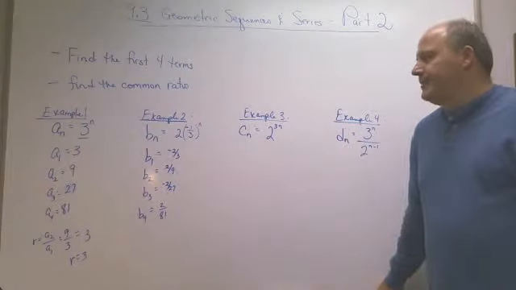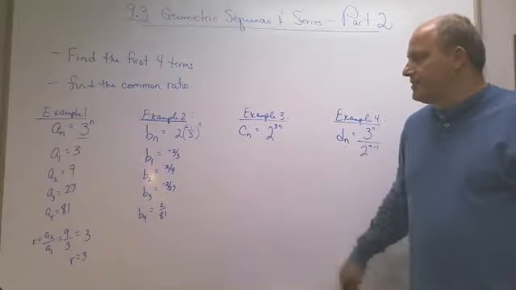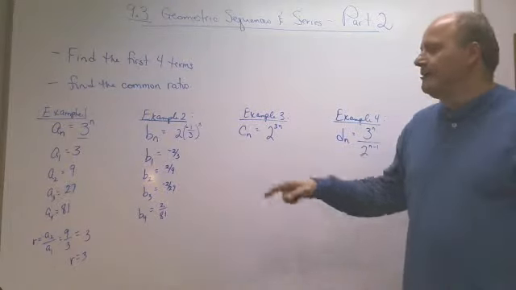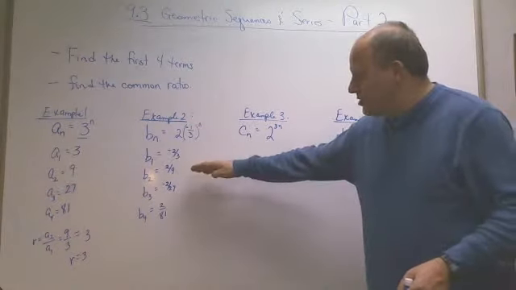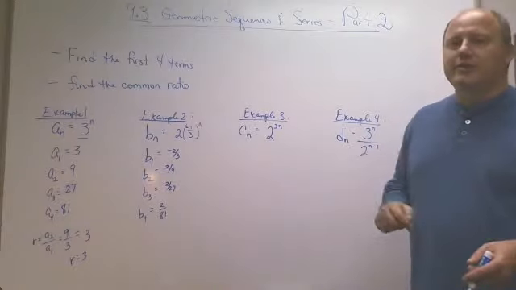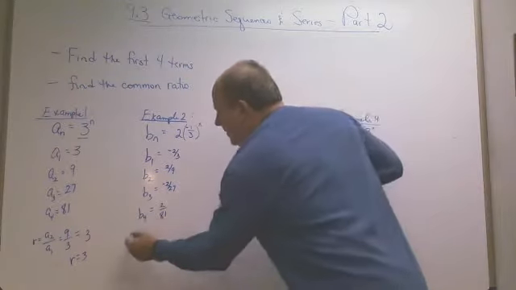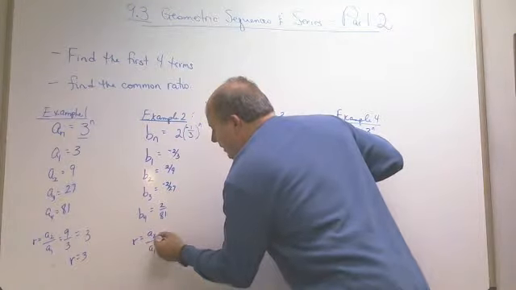Now, as you could probably see, in example 1 the base was easily identifiable, because 9 divided by 3, or even 27 divided by 9, they're all 3s. You can't really do that so easily just by looking at the quotients here. You would actually have to do a little bit of math. The ratio is the second term divided by the first term.